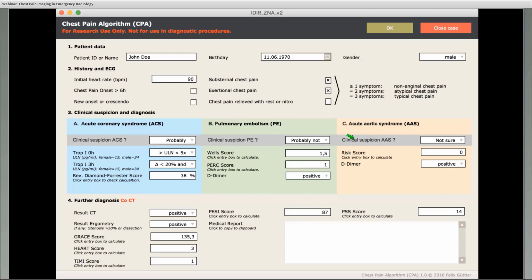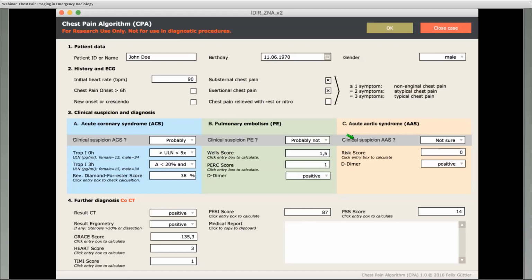This also relies on the D-dimers, and all this information the physician is more or less entering into the computer, or the computer gets the laboratory results automatically from the lab. So it really gives the physician and us as radiologists a pretest probability and also a suggestion of what kind of imaging should result.